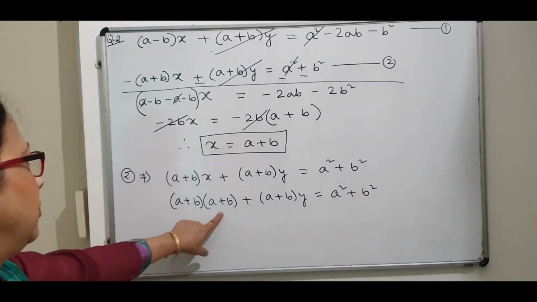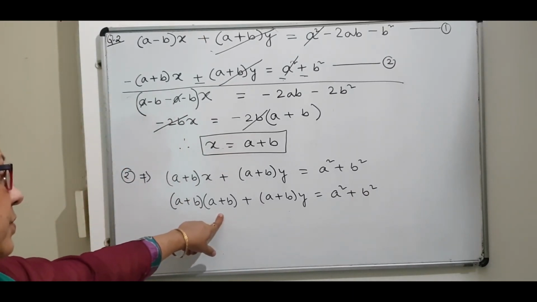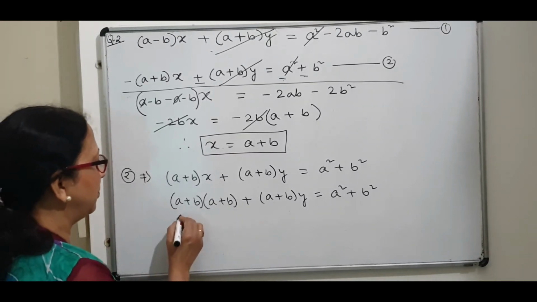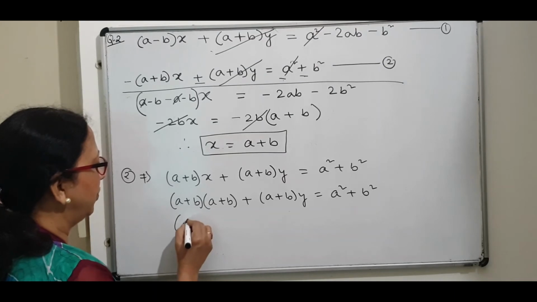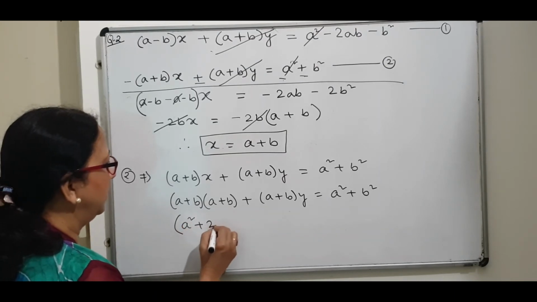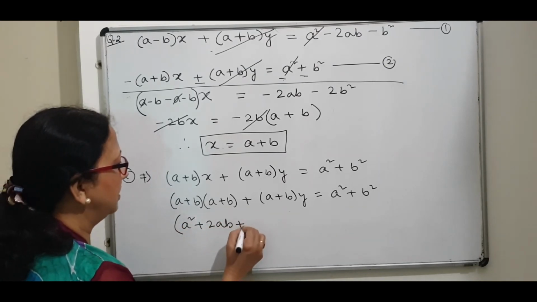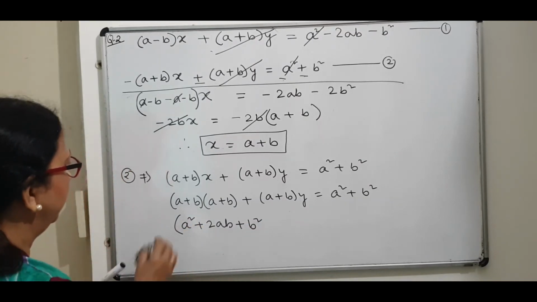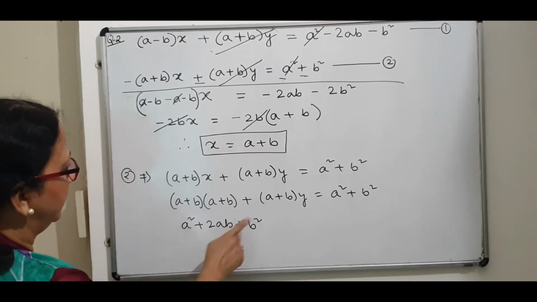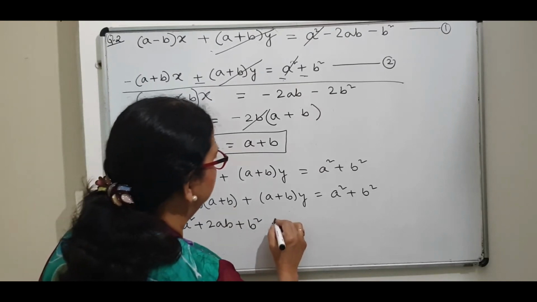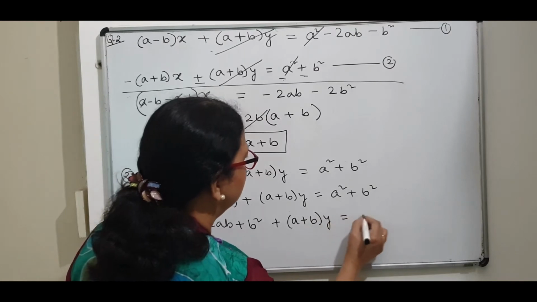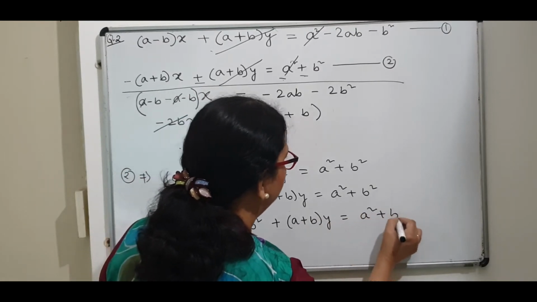Now a plus b into a plus b is a plus b whole square. So I can write the formula of a plus b whole square. What is a plus b whole square? It is a square plus 2ab plus b square. Then plus a plus b into y is a square plus b square.